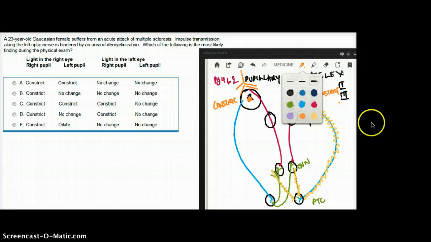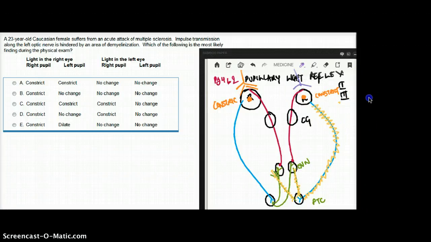What if there is light on the left eye? Here I am putting light on the left eye. The information will not be carried to the pretectal nucleus, so nothing is coming here. From the pretectal nucleus, no information is going to go to the Edinger-Westphal nucleus.